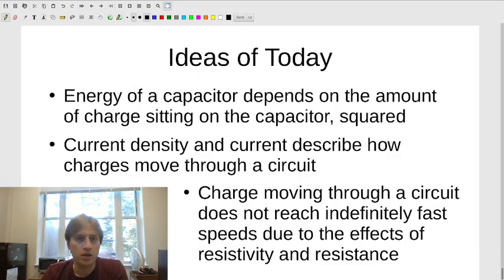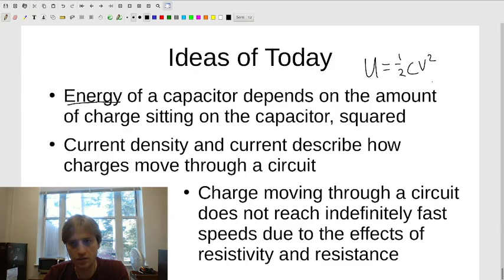Okay? So what have we shored up today? We talked a little bit about energy on capacitors. The energy of the capacitor depends on the amount of charge sitting on the capacitor squared. That's our U equals 1/2 CV squared. We talked about how current density and current describe how charges move through a circuit. The important thing to remember is that amps equals coulombs per second. So this is the unit of current, a coulomb per second.